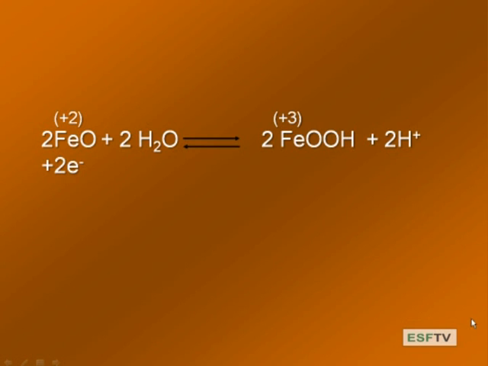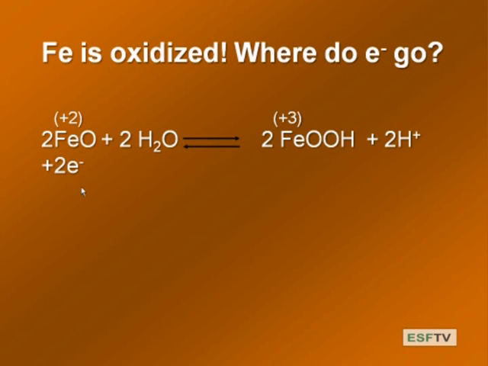So what's going on? Here is iron plus 2 with a little bit of water. Okay? So iron plus 2 to iron plus 3, that is a loss of electrons. This is the oxidation of iron. Okay? Where do those electrons go?